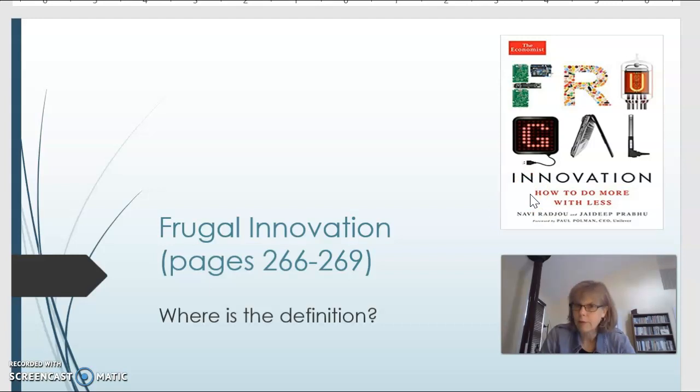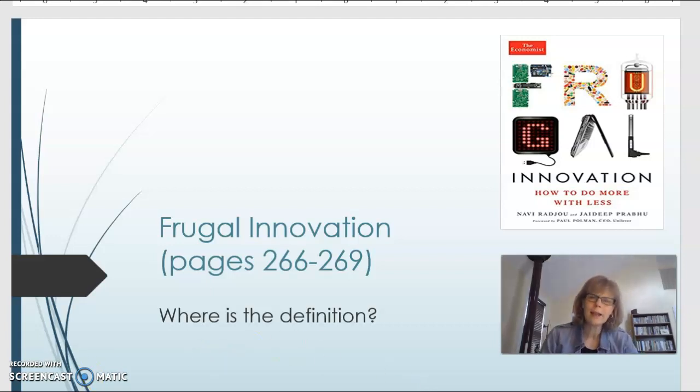To them, that's what frugal innovation meant. And I wondered, as you looked at this article about frugal innovation, where did you find a definition for these words? What are they talking about exactly in this article? And where is a good definition?